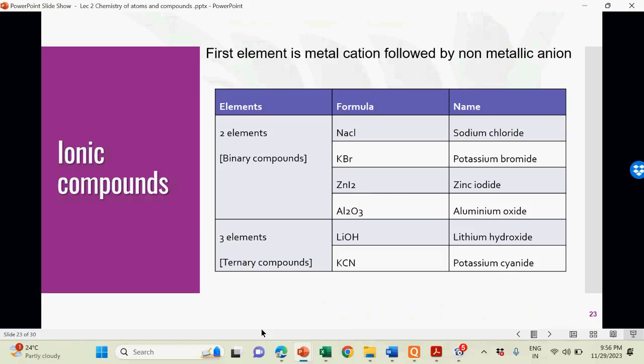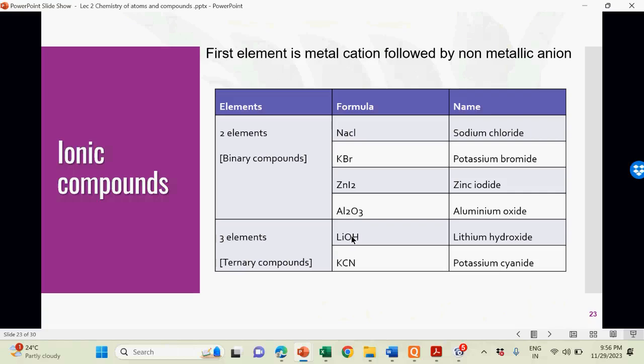The ternary or tertiary compounds, which are of ionic nature, are like lithium hydroxide or potassium cyanide. So 3 atoms share the same compound, but by ionic bond.